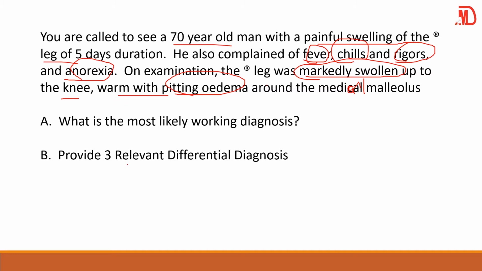And you can also think of osteomyelitis, bone infection. So anytime we talk about an inflammatory process happening in the leg, these 4 things, never forget them: cellulitis, deep vein thrombosis, pyomyositis, osteomyelitis. Never, ever forget them.